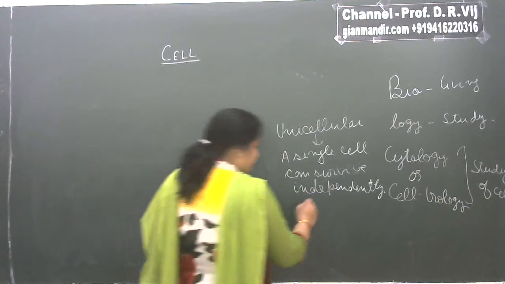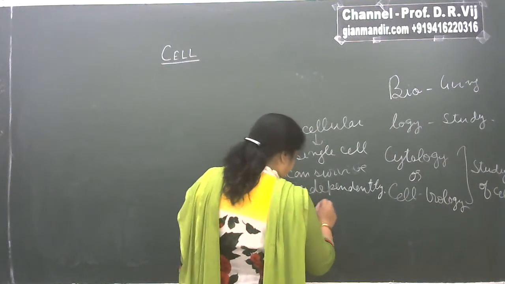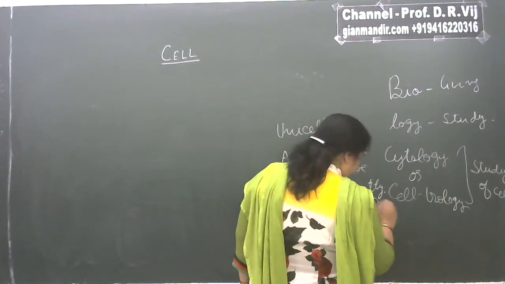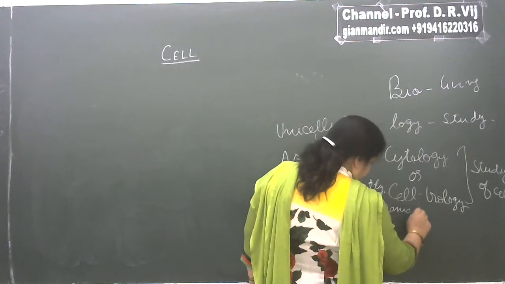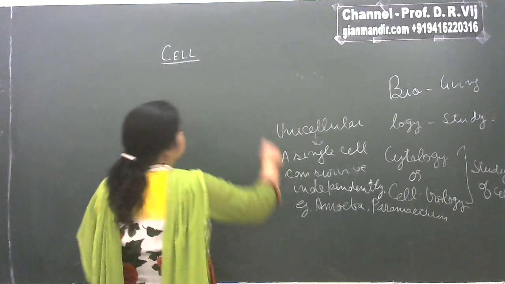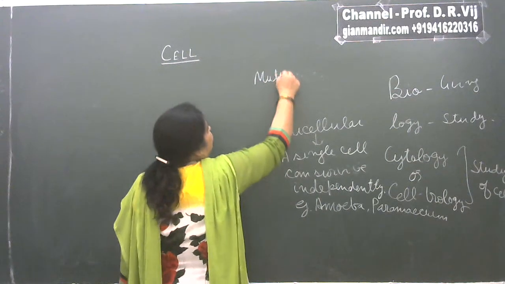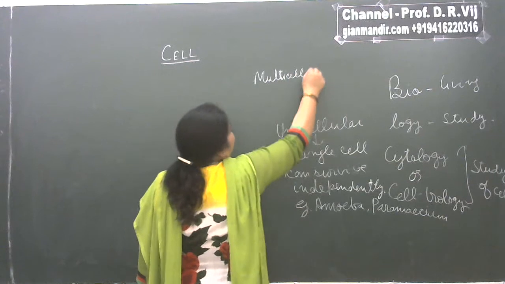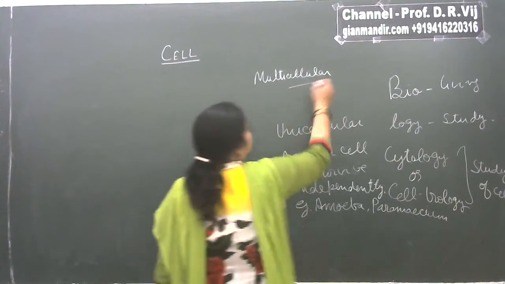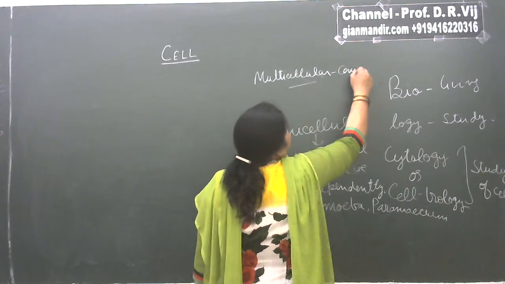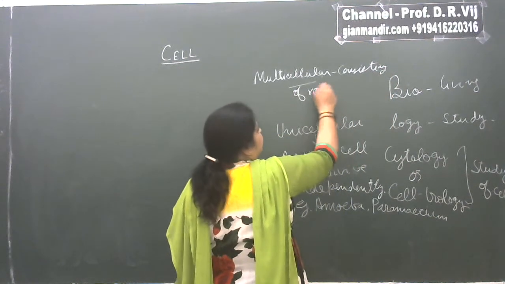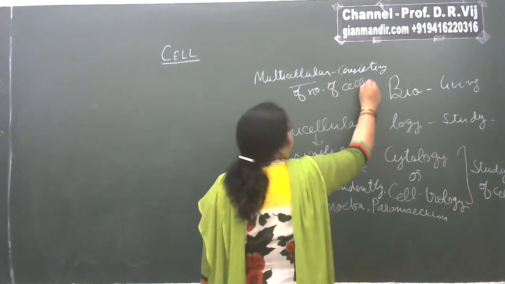For example of unicellular organisms, you can take the case of amoeba, paramecium, euglena, etc. And if we talk about multicellular organisms, multicellular organisms consist of a number of cells.